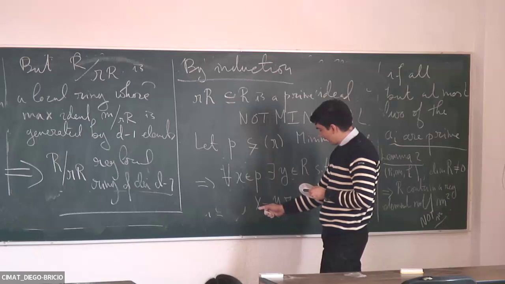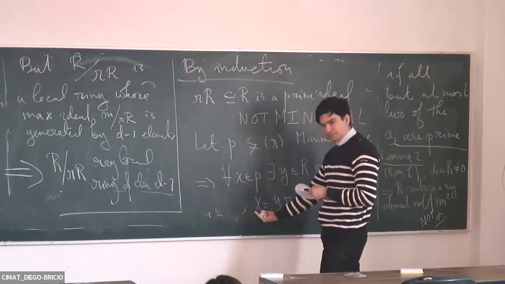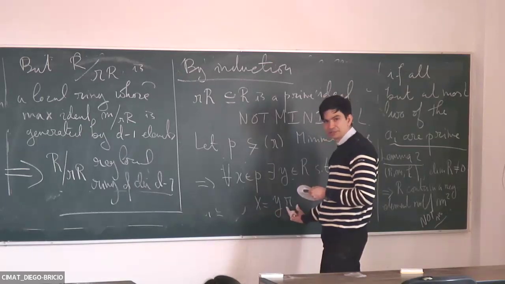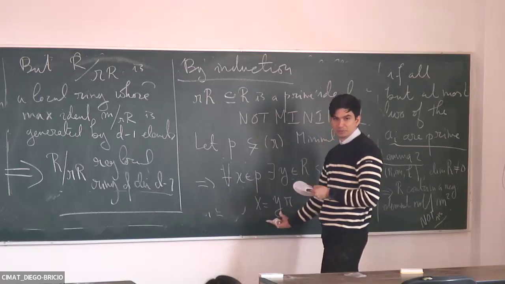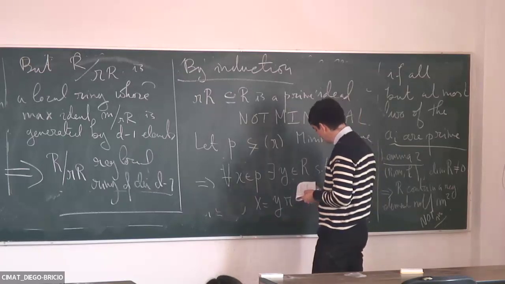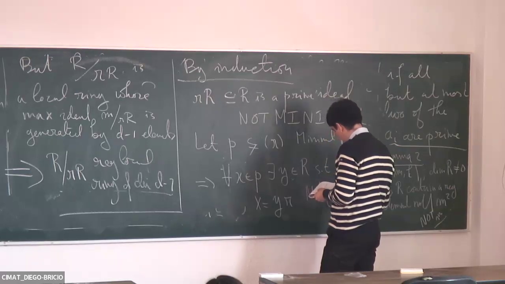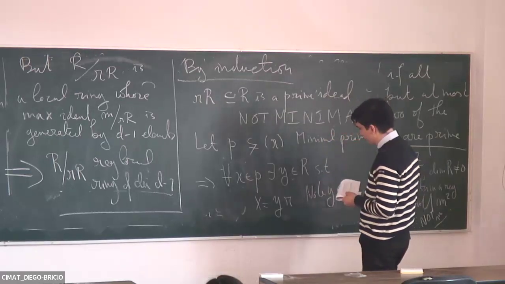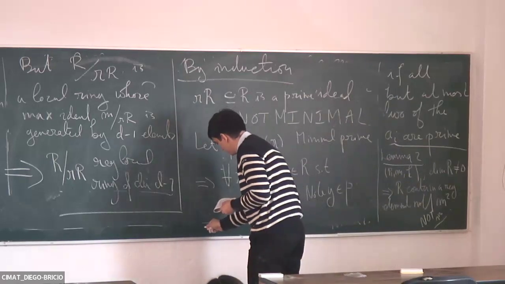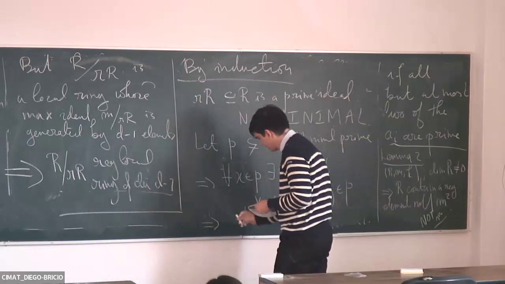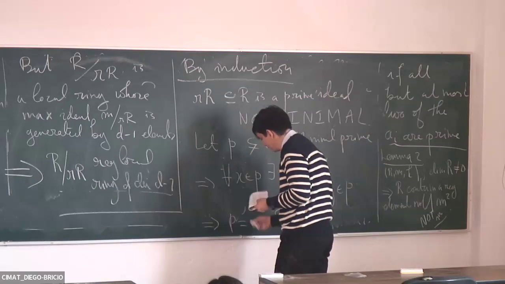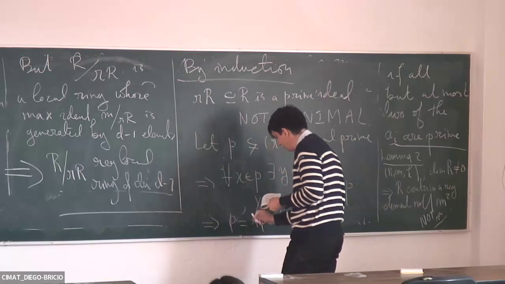Because look, this product is in P, but R is not in P. So Y has to be in P because P is prime. But this means that P is actually equal to RP.